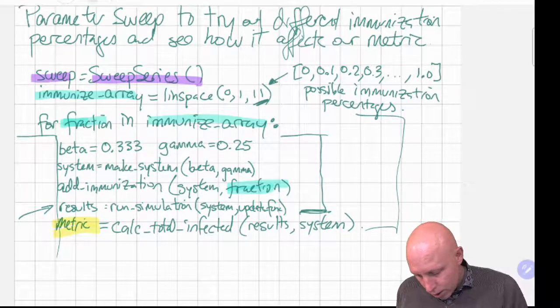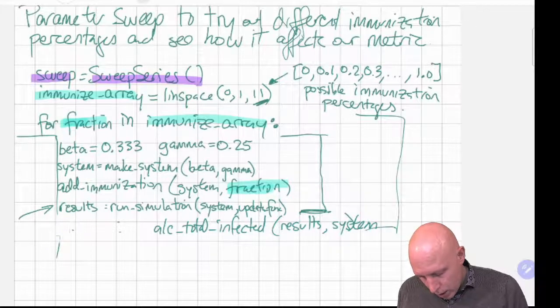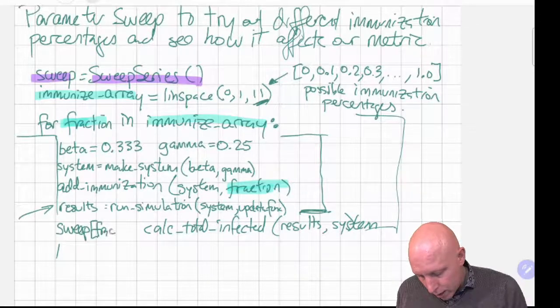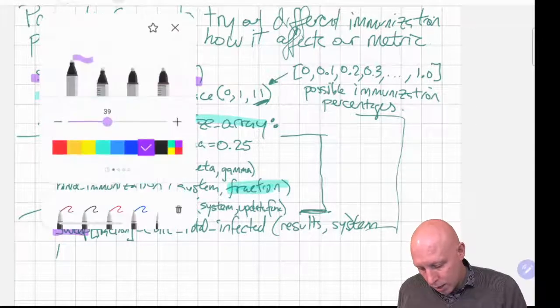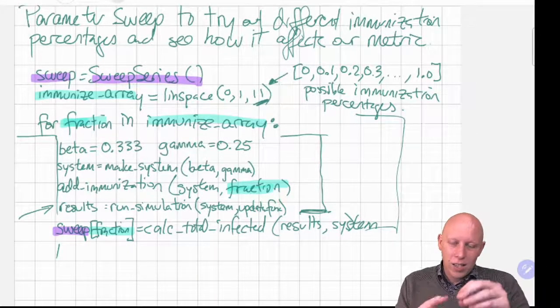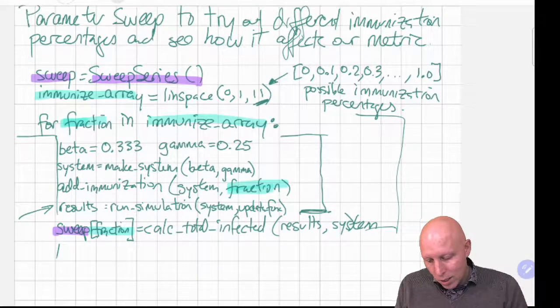To store it, we put it inside our sweep object. So we do sweep of fraction equals our metric. This is our sweep object, and we are putting this fraction in as the independent variable, and the dependent variable is the metric that we care about.